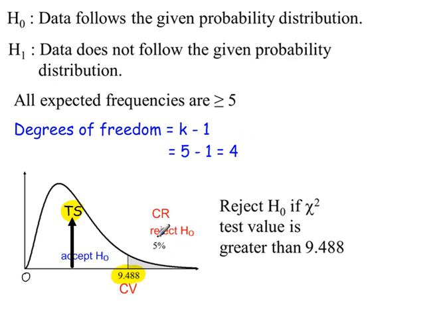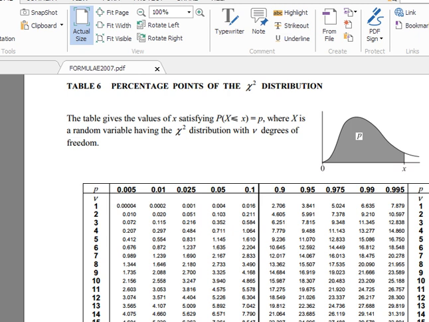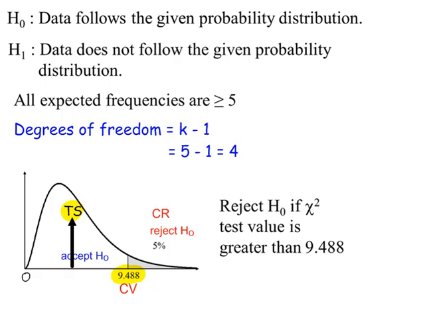5% significance level. So going to the chi-squared probability tables. So 5% here, 95% here. So we're in this column. 4 degrees of freedom. Critical value 9.488. So here's the critical value.